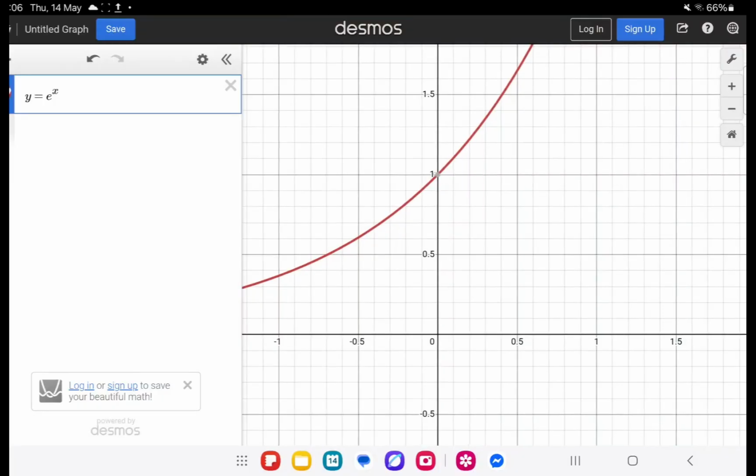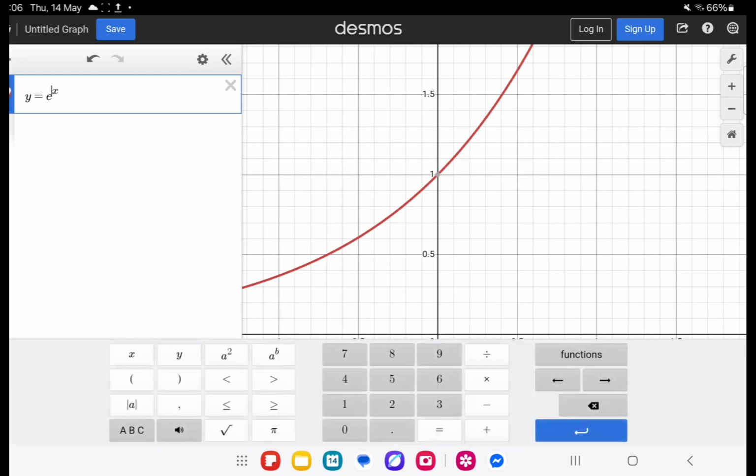The graph crosses y at 1. So what if x has a coefficient, say 10? As you can see, the graph does not change in behavior. It crosses the y-axis once and it just goes up without bound.